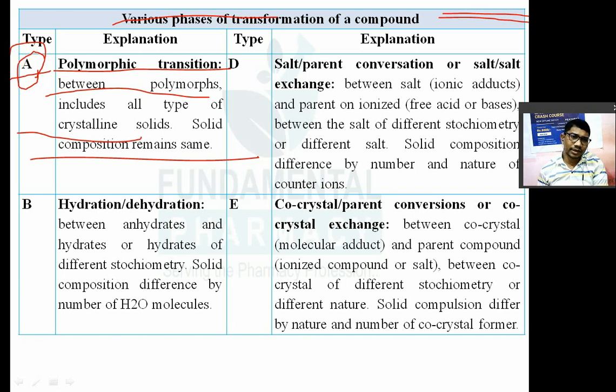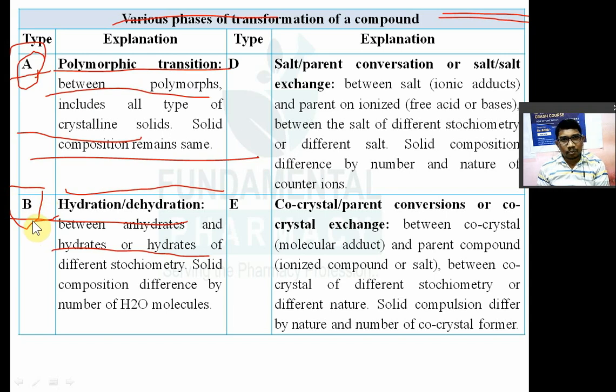Okay? Now phase B is known as hydration dehydration transitions. It is a transition between anhydrates and hydrates, or hydrates of different stoichiometry. एक तो ये ट्रांजिशन किसमें होगा? फेज बी में. फेज बी का जो ट्रांजिशन होता है मॉलिक्यूलर ट्रांजिशन, वो ट्रांसफॉर्मेशन इन द कंपाउंड, फेज ऑफ ट्रांसफॉर्मेशन. फेज ए में होता है पॉलीमॉर्फिक ट्रांजिशन, वन पॉलीमॉर्फ टू अनदर पॉलीमॉर्फ एंड सॉलिड कंटेंट रिमेंस सेम, इतना याद.